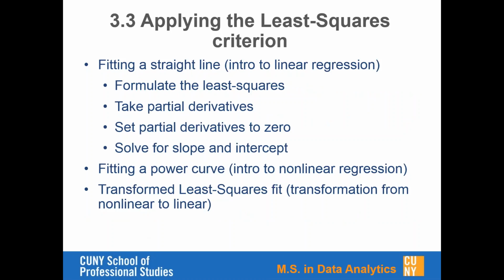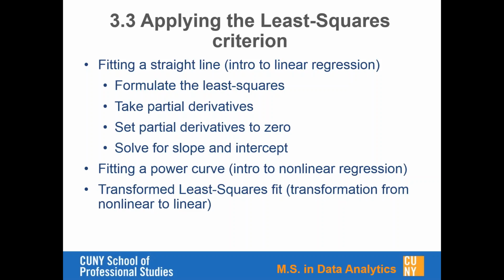We went through the 3.5 and 3.6 examples just now, and those two, A and B, are the slope and intercept. And then fitting a power curve is really an introduction to nonlinear regression that we saw there. You can see that we also used partial derivatives to solve this problem.